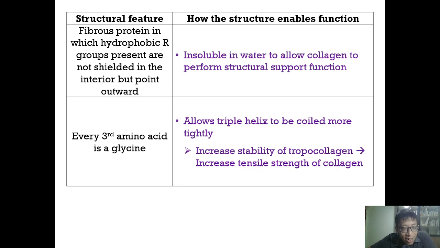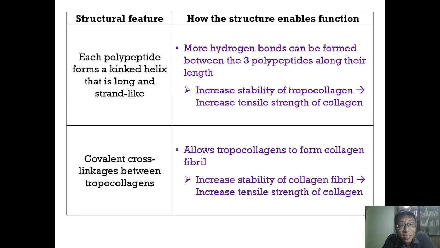For the glycine, every third amino acid is glycine in the polypeptide. We have mentioned this already. So this allows the triple helix in the tropocollagen to be coiled more tightly. So the tropocollagen itself is more stable, and therefore the final collagen is more stable as well, increasing tensile strength. Each polypeptide forms a kinked helix, is fibrous, right? So it is long and strand-like.